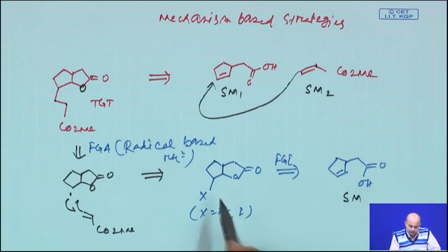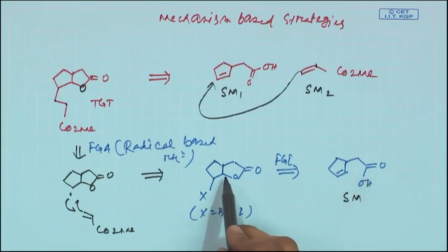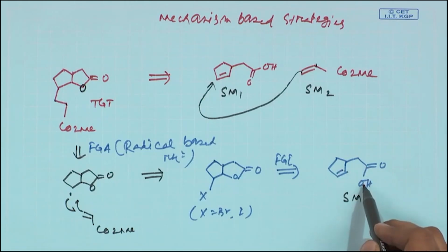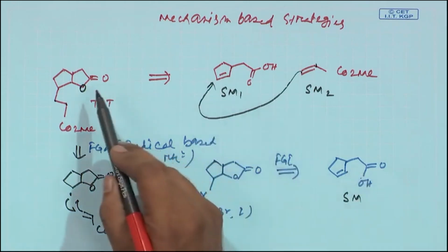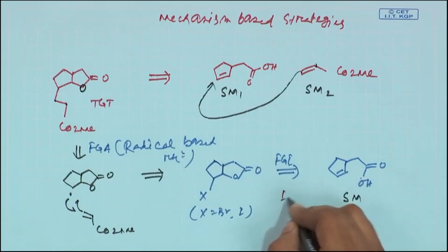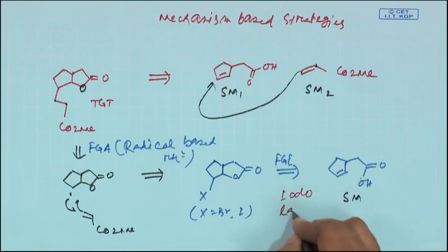You have to introduce an iodo here, and this oxygen also should be in a 1,2 position with the iodo. Now, if you try to make an iodonium ion with this olefin, you can form an iodonium ion, then you can visualize that this carboxylic acid can act as a nucleophile to cleave this iodonium ion and close this ring to give you a lactone, and this iodine now comes here. So, this reaction, we also talked about, is an iodolactonization reaction.